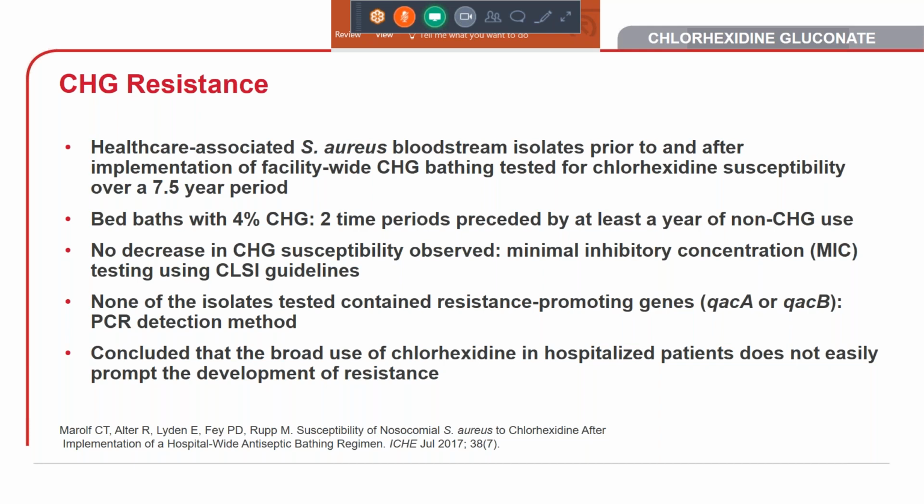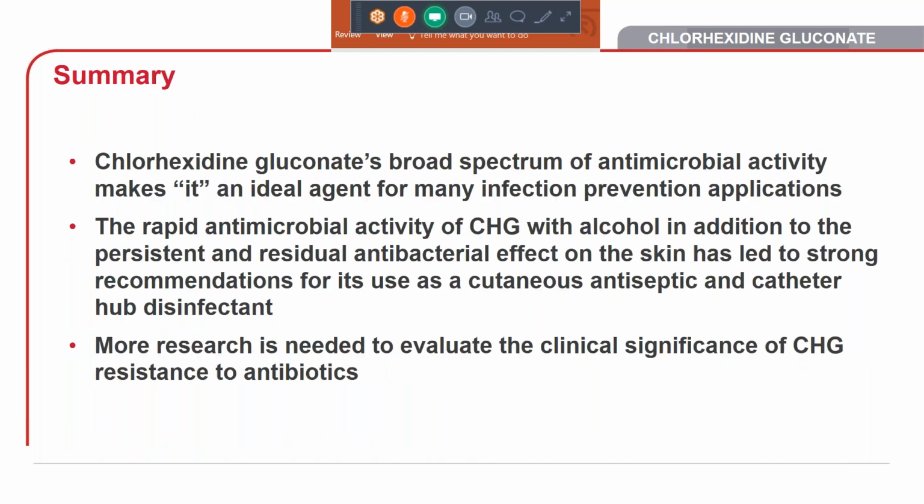So I'm sure that we are going to see more papers like this as time goes on. Additionally, I know that there are some investigators that are looking at whether or not the same benefits, reduction in bloodstream infections, can be achieved with less frequent use of chlorhexidine bathing rather than daily bathing.